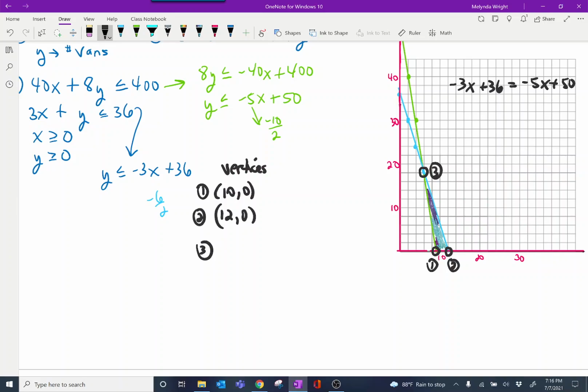All right, so let's move the 5x over, move the 36 over. So x is 7. To get my y value, I would just plug that 7 into either the light blue or the green line. Doesn't really matter. I'm going to pick the light blue one. So y would be negative 3 times 7 plus 36. So y would be 15.